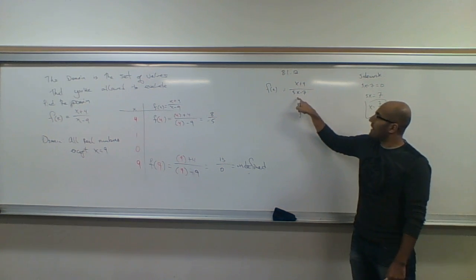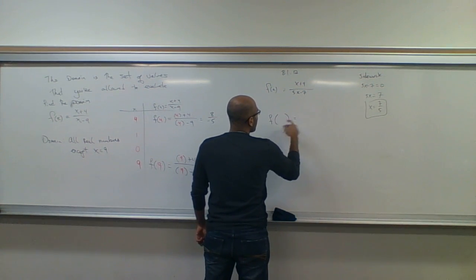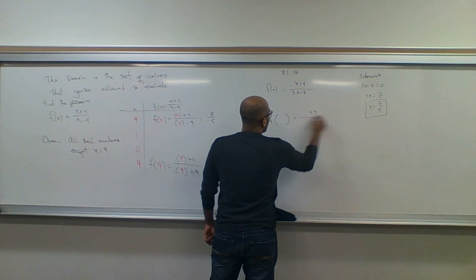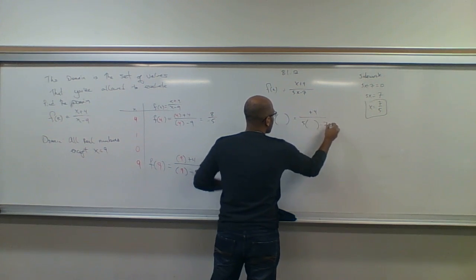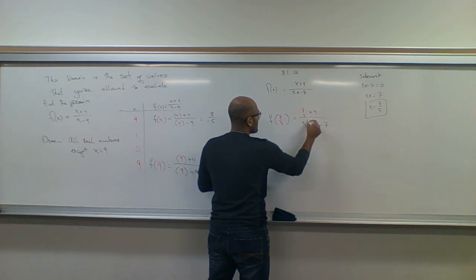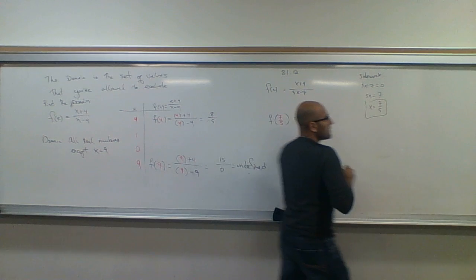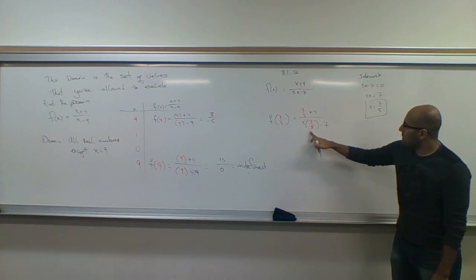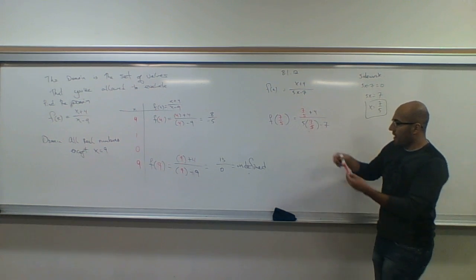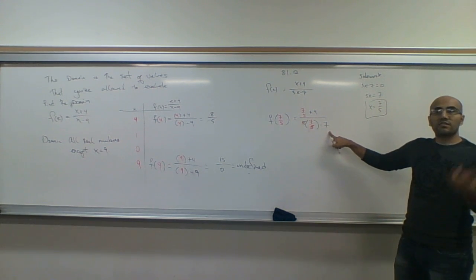So that means that if I tried to evaluate f at this number, and I focus on the denominator, I know the 5's cancel. Then I end up with 7 minus 7, which is 0.